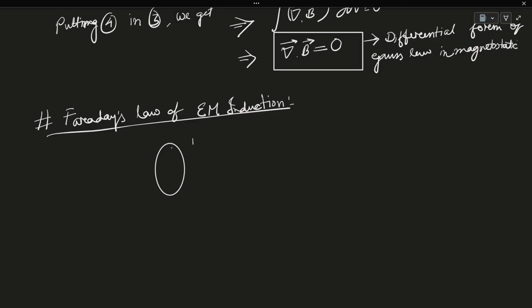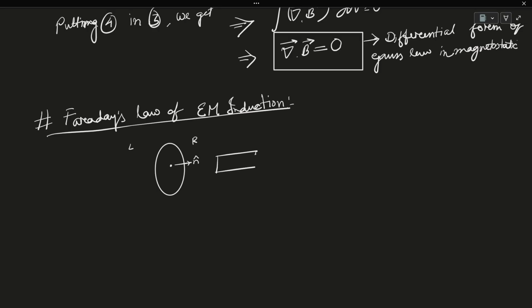Let's say this loop is perpendicular to our, let's say, computer screen or mobile screen. Okay, so if this is like that, let me write it, this is the right side, this is the left side. And its direction vector is in this direction. Okay, let's say n cap.